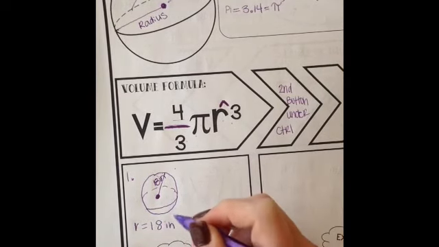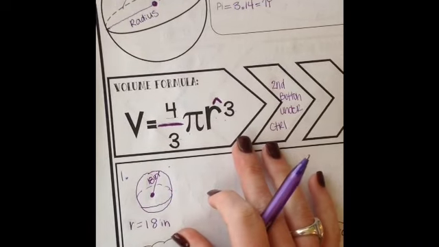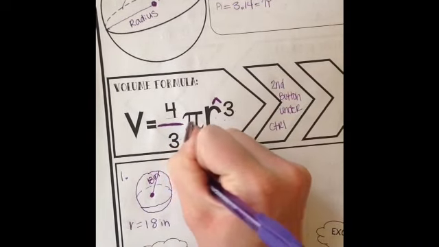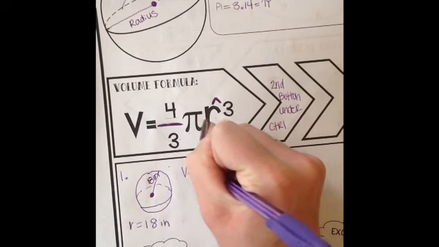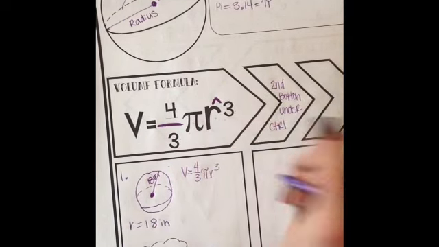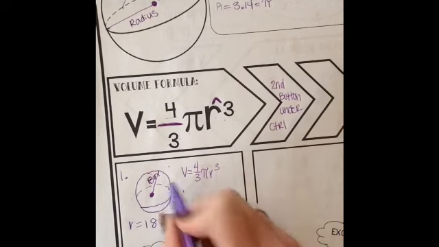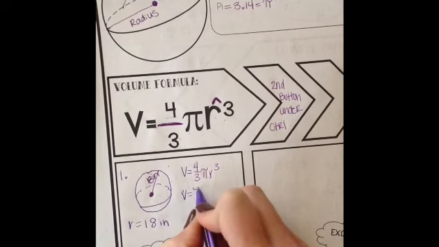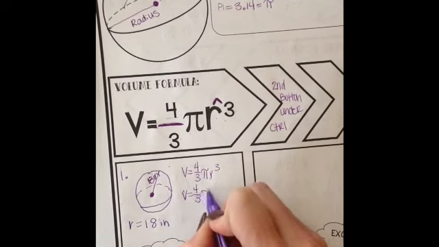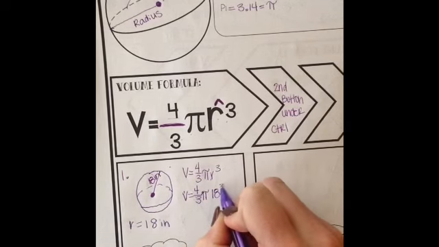On this one we don't have a height or anything like that because this is going to be round, circular. So my formula is V equals 4/3 pi r to the third. Okay, so what we're going to do next is plug in our 18 as our r. So we're going to have V equals 4/3 pi, then we're going to take our r, 18, to the third.